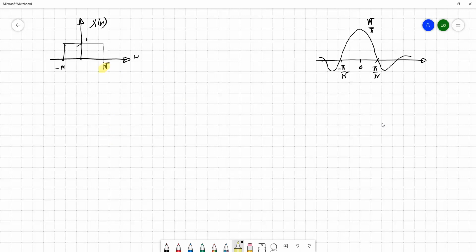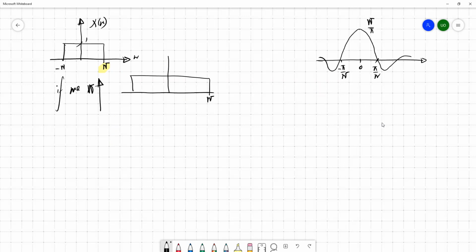So what happens if we increase W? It means it's something like that. What happens to the spectrum or the time domain quantity?